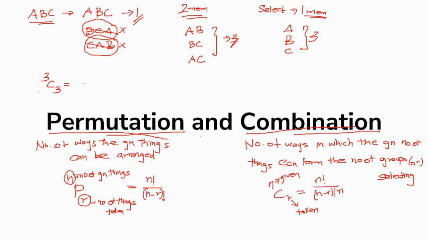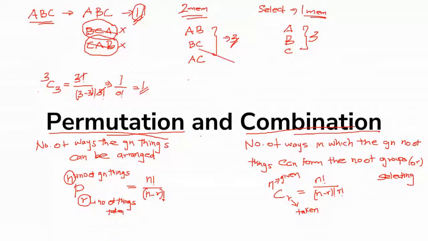So 3C3 is 3 factorial divided by (3 minus 3) factorial into 3 factorial. The 3 factorial and 3 factorial get cancelled, and this becomes 0 factorial. So 1 by 0 factorial is nothing but 1.